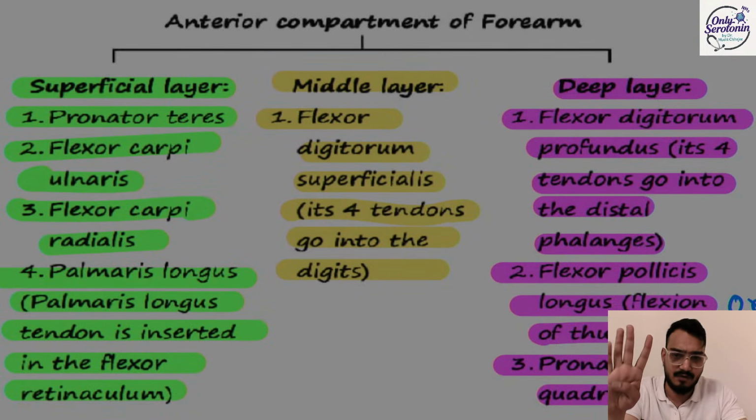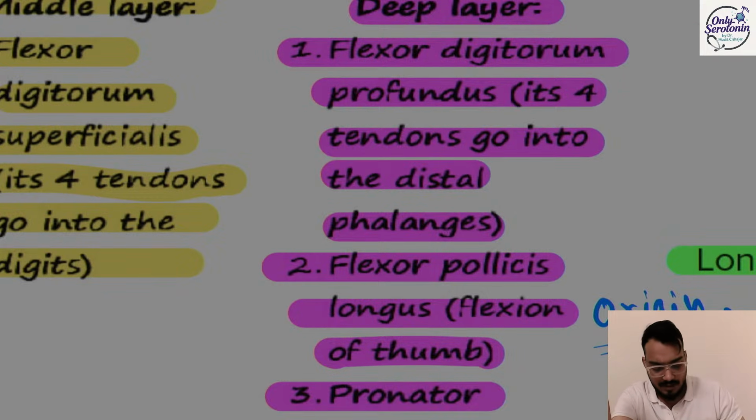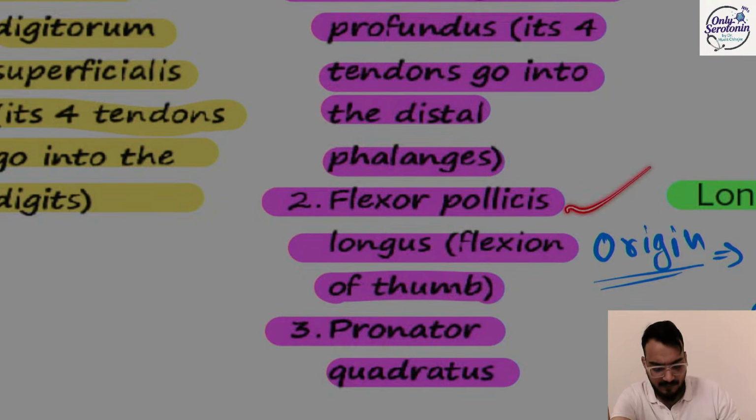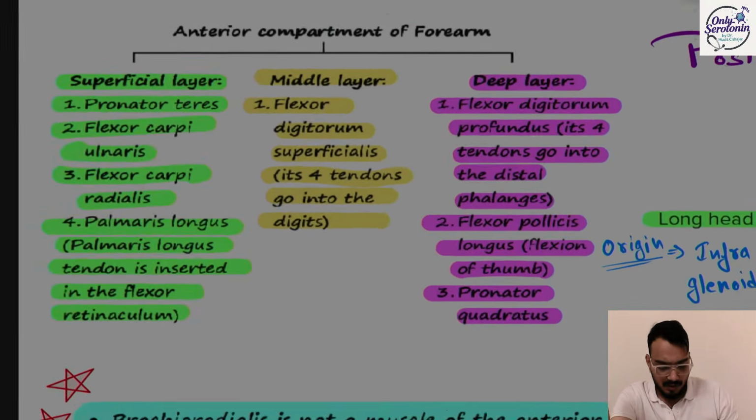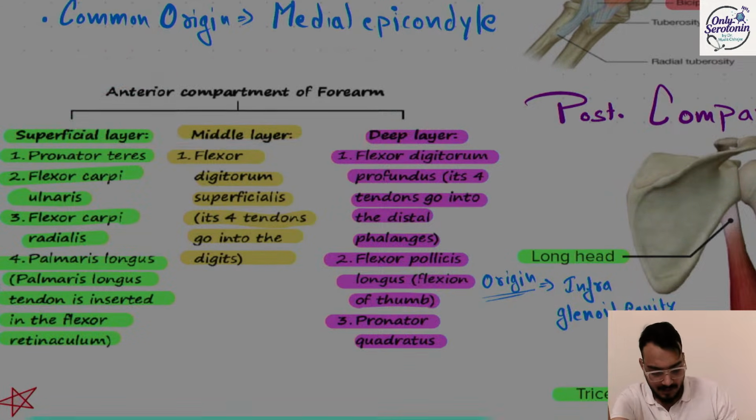Total we are having four muscles. First of them is pronator teres. Then flexor carpi ulnaris, then flexor carpi radialis, and the last one is palmaris longus. In medial layer, we have the flexor digitorum superficialis. And in deep layer, we have flexor digitorum profundus. Then we have flexor pollicis longus. All these are the muscles of the anterior compartment, right?